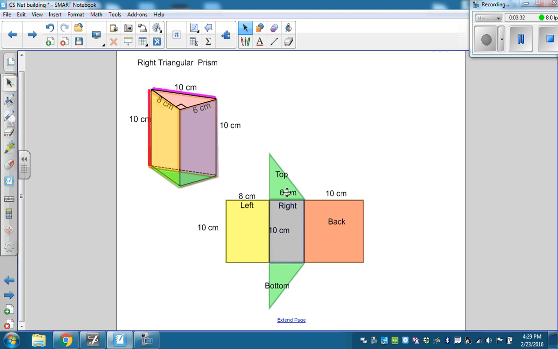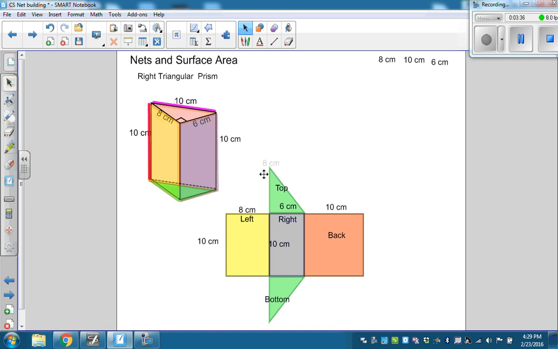So this right triangle, this green triangle, has a square angle right here. So you want to put that square angle there, because that helps us figure out the area of the triangle. We always use the length and width, or the base and height of the triangle, and to do that we find the square angle.